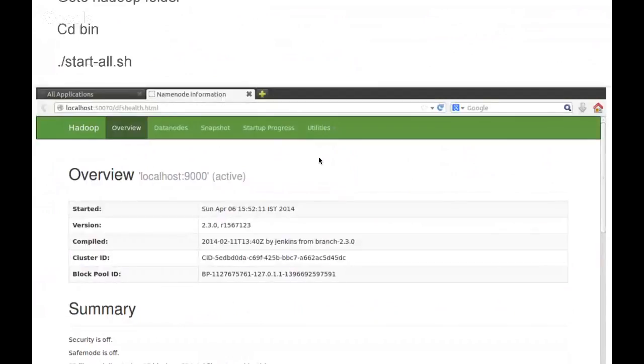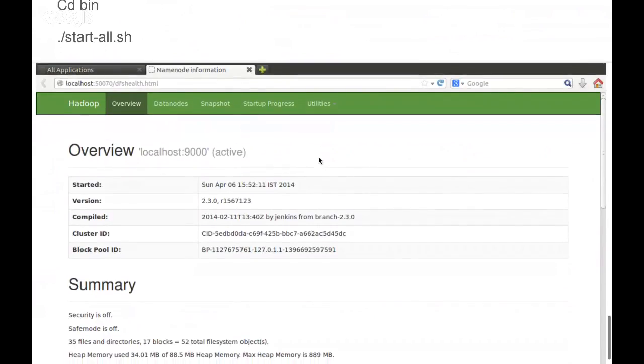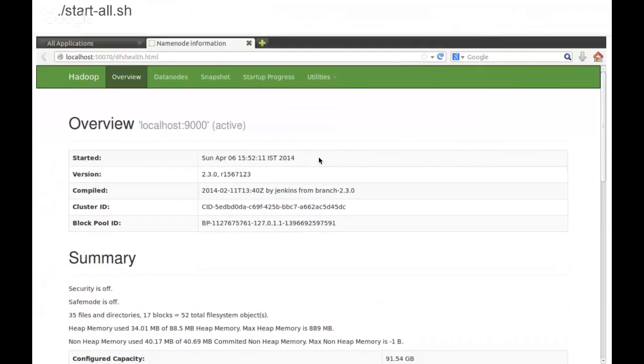Go to the Hadoop folder, then go to your bin folder, and this is the command which you have to give to start all your services. When all the services are up, go to localhost port 50070, and if you see such a UI on your screen, then yeah, you are done. You have successfully installed Hadoop, and you can explore things.